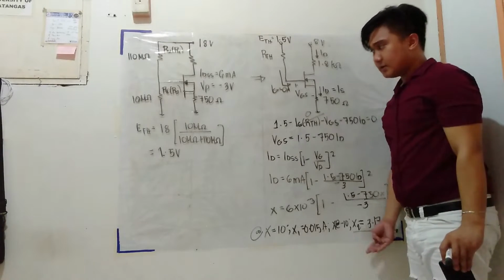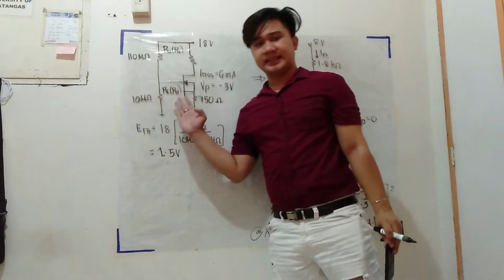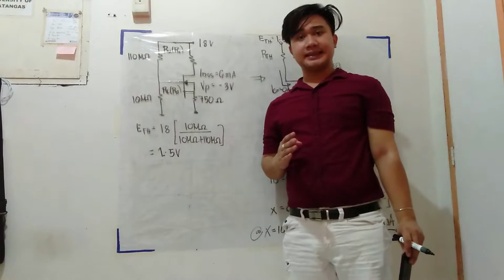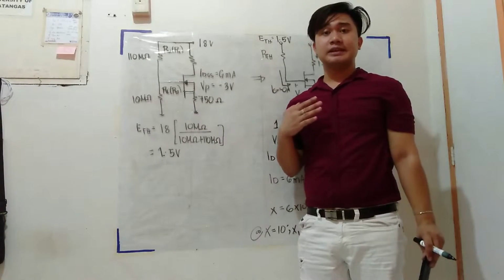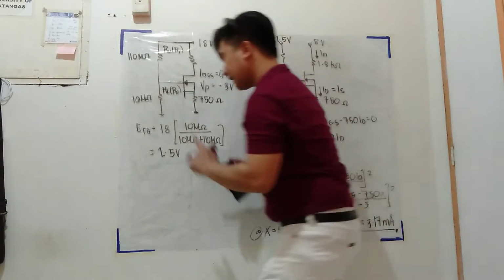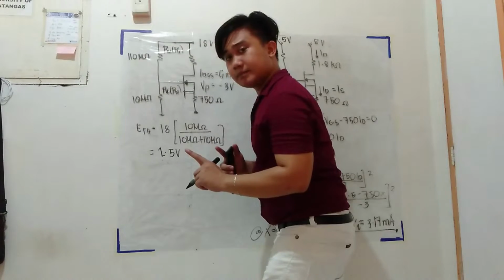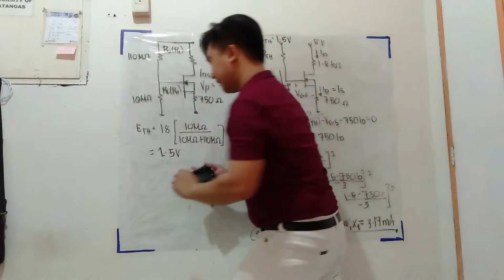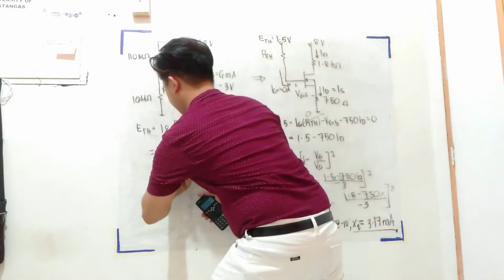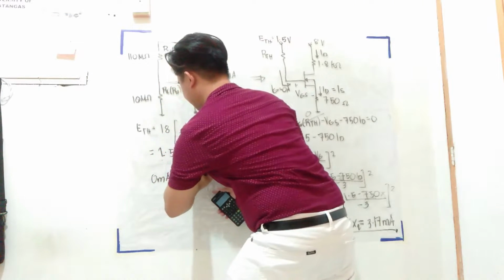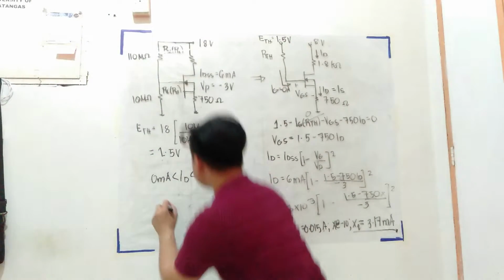Pero tayo po ay D-MOSFET at tatandaan nyo, sa D-MOSFET, IDSS, hindi po yun ang pinakamataas na posibleng current natin. Kapag ang ating D-MOSFET ay nag-ooperate mula 0 milliamperes hanggang IDSS, tayo po ay nasa depletion mode.